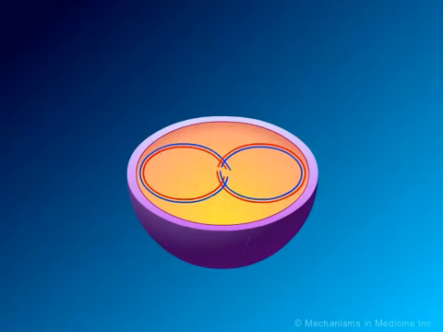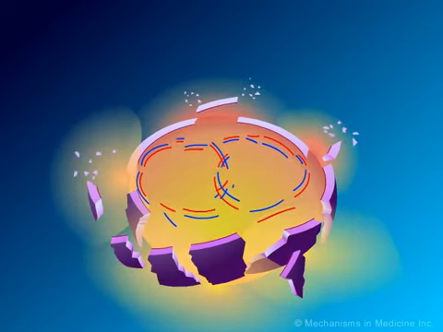The final result on the bacteria, however, is the same. Bacterial replication is disrupted and the bacterium breaks apart. The relative potency of different fluoroquinolone antibiotics, and thus their spectrum of activity, is dependent in part on their affinity for either DNA gyrase or topoisomerase IV, or both.